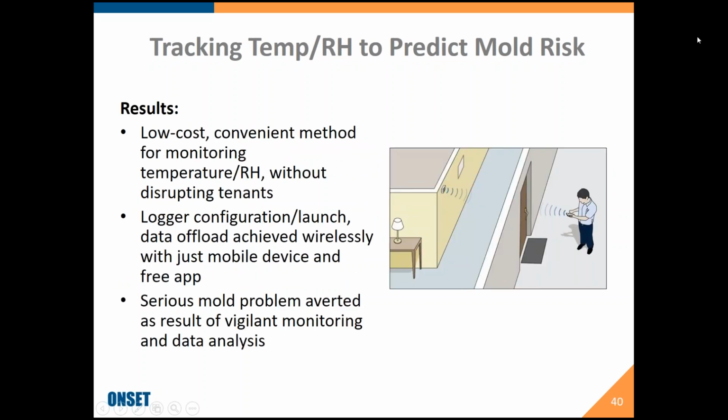The result was they were able to use the low-cost loggers. The MX series again is a Bluetooth-based series, so they didn't have to go in and disrupt the tenants. They could log the information from outside the tenants' apartments and averted a mold problem that they were worried about.